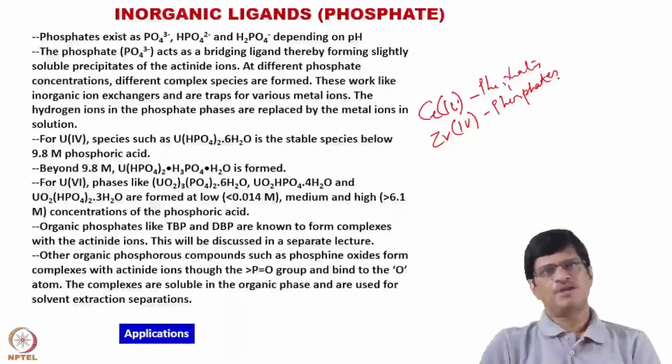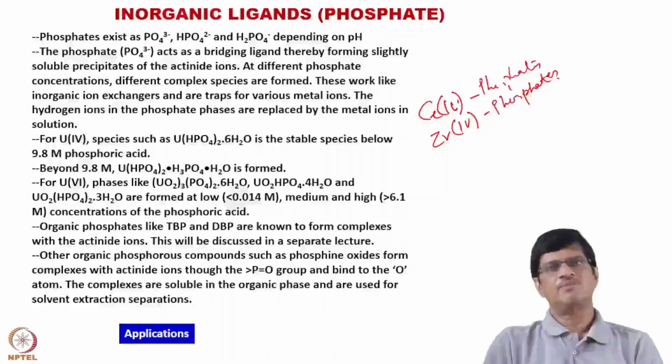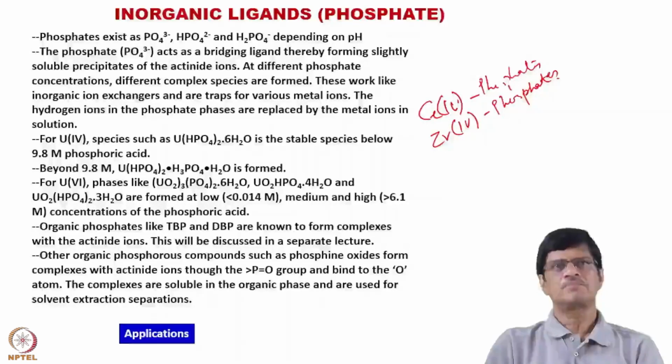In a similar way, the uranium 4 phosphates can be used as inorganic ion exchangers, and in the natural environment, the uranium 4 phosphate complexes are present in the rocks, and they can act as inorganic ion exchangers and trap different metal ions from aquatic conditions.